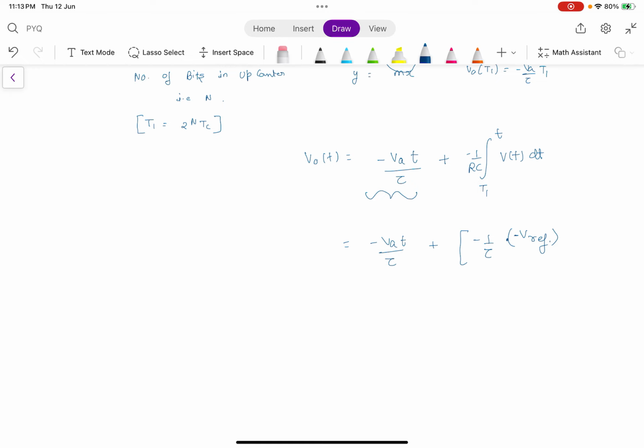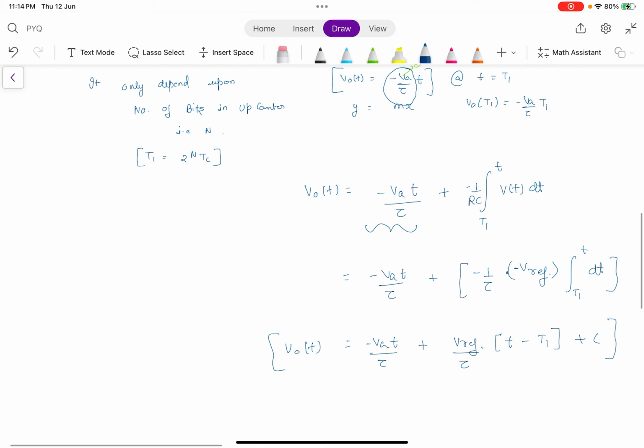I am taking the integration from T1 to T dt. This can be written as minus V reference over tau. This minus and this minus cancel out. It becomes V reference divided by tau times (T minus T1), plus C, plus V0 of T. You can read this expression as V0 of T is nothing but V0 present plus future value.